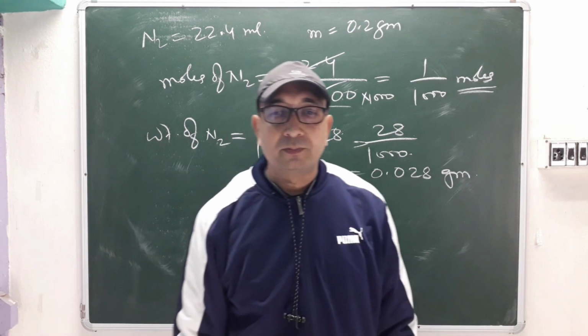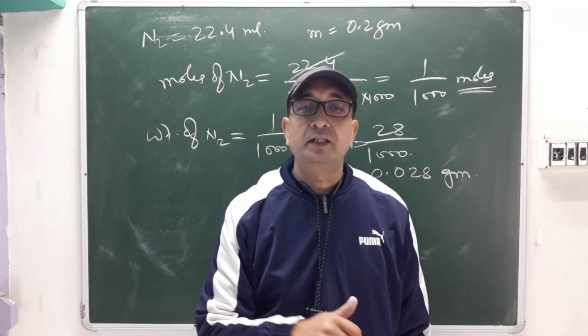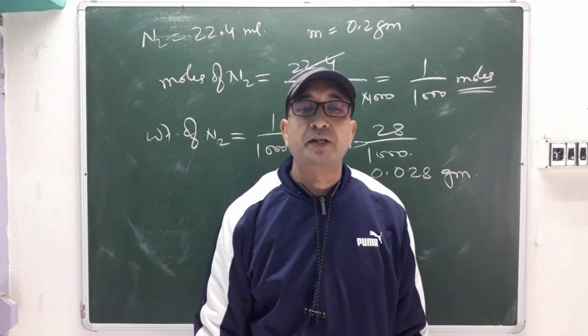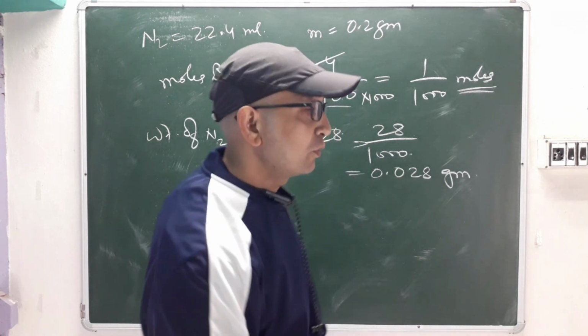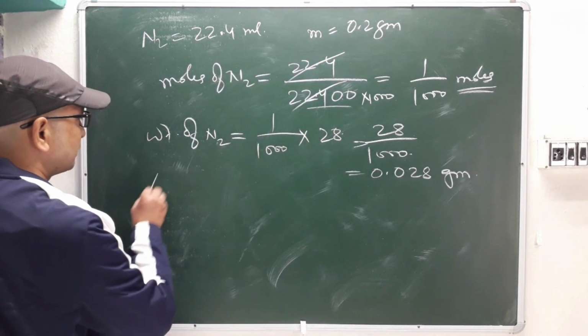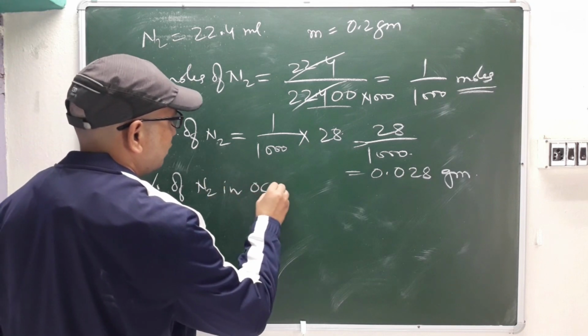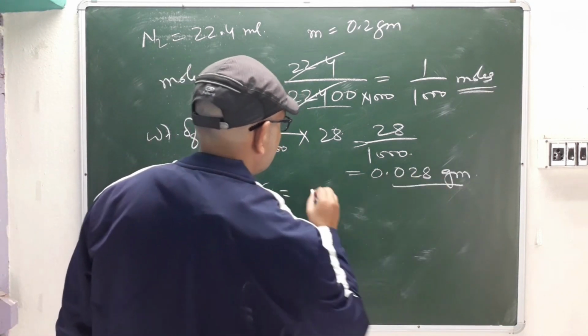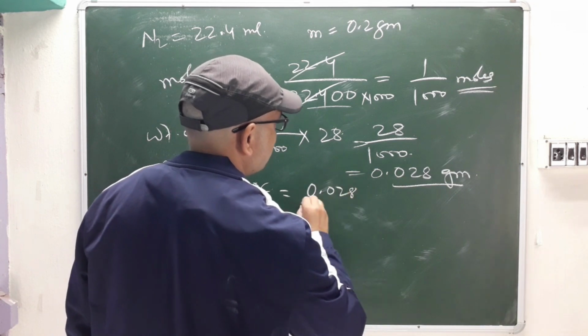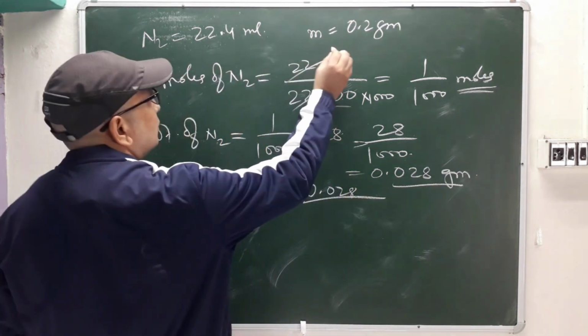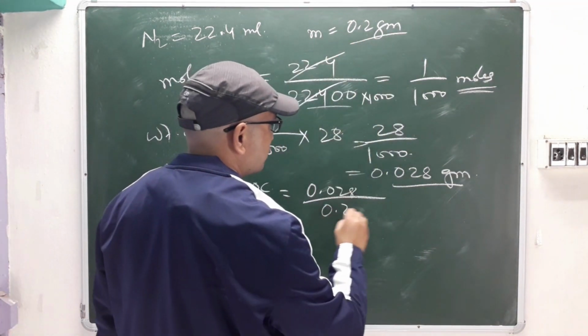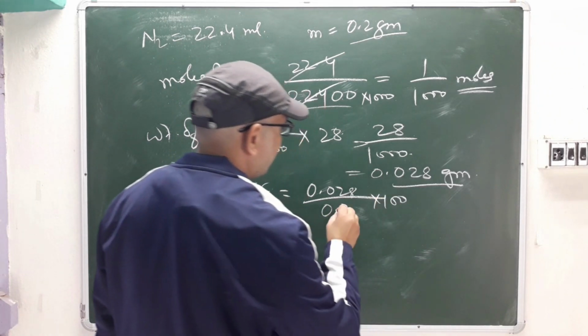Now they are asking in the question the percentage of nitrogen in the organic compound, right? So how are you going to calculate this percentage? It will be this amount, 0.028, divided by the mass of organic compound, 0.2, into 100, right?